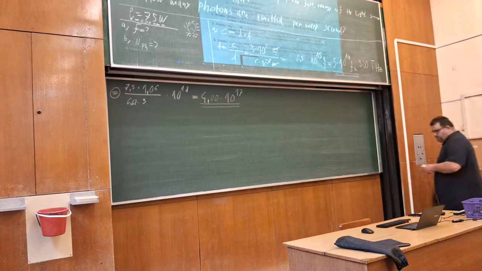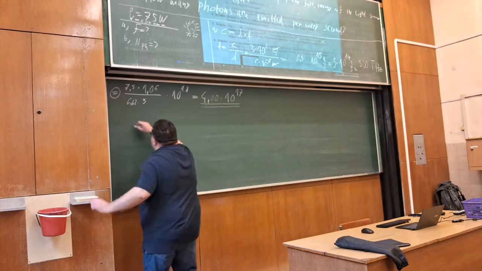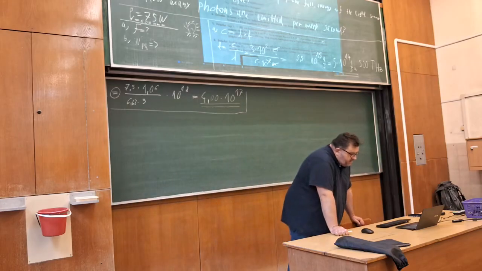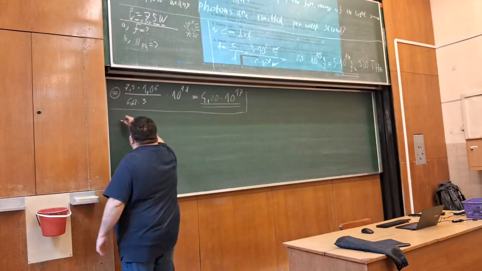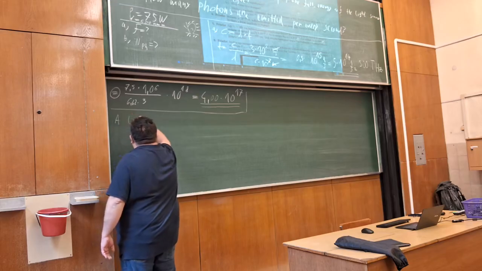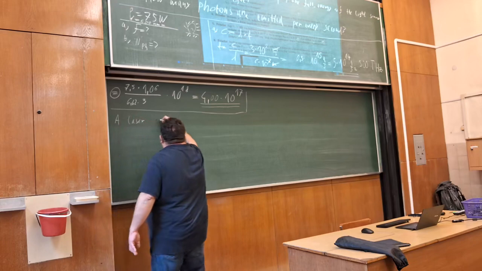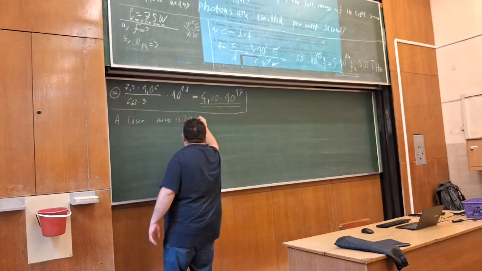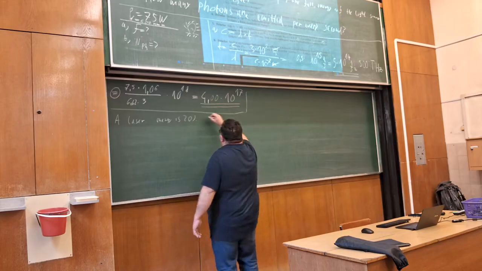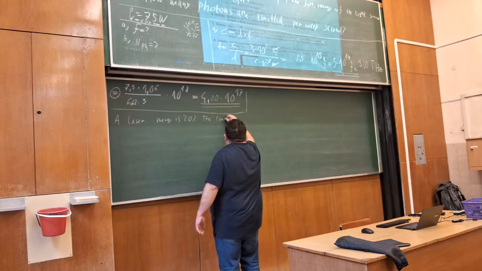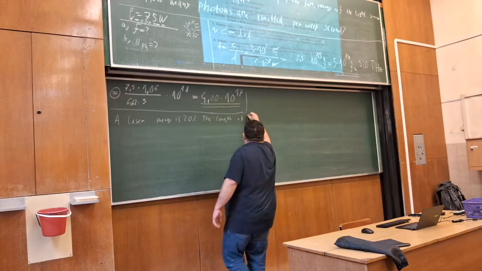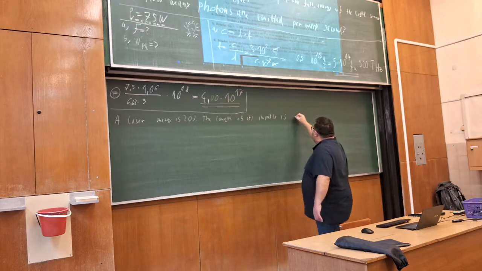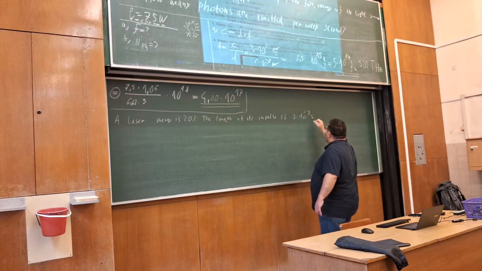Okay, so we have a laser. Energy is 20 joule, and the length of its impulse is 5 times 10 to the minus something seconds.